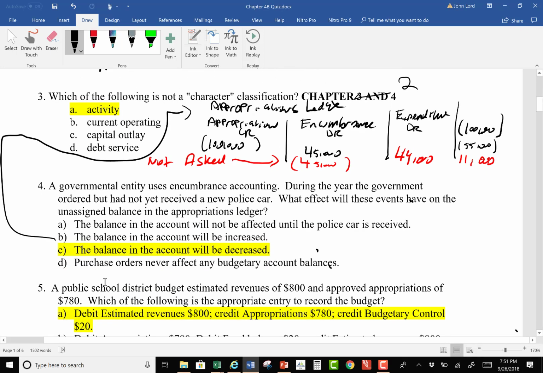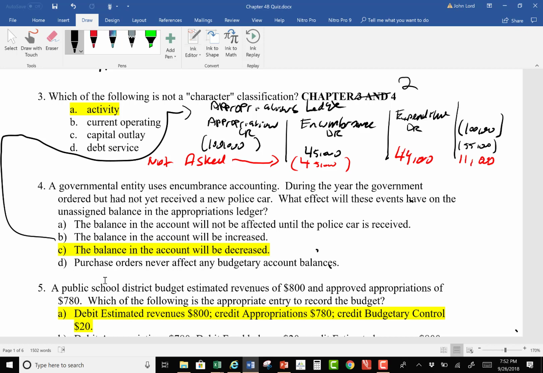Okay, good. Number 4. A governmental entity uses encumbrance accounting. During the year the government ordered but had not yet received a new police car. What effect will these events have on the unassigned fund balance in the appropriate ledgers? Okay. Now, notice, guys, that I wrote up here a little appropriations ledger, and I just assumed some numbers.